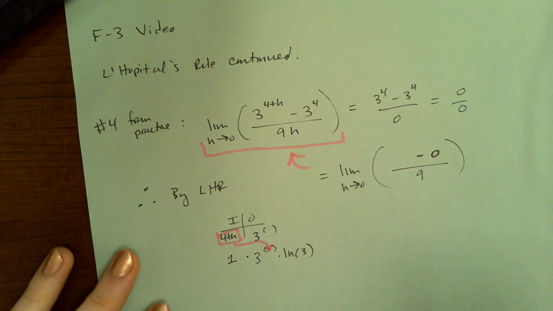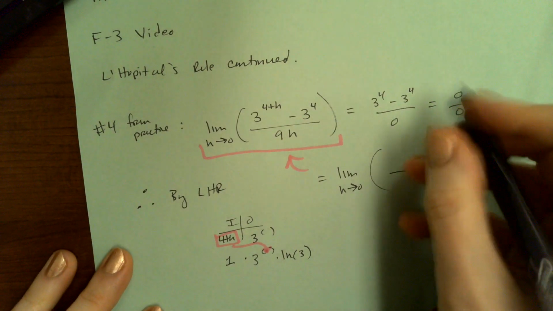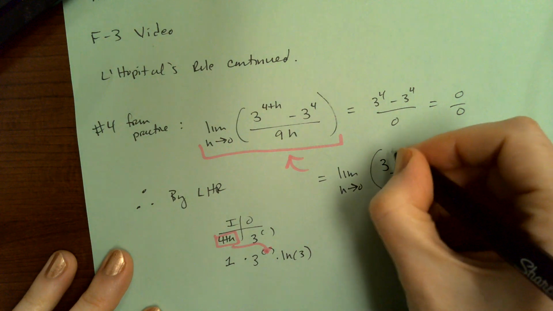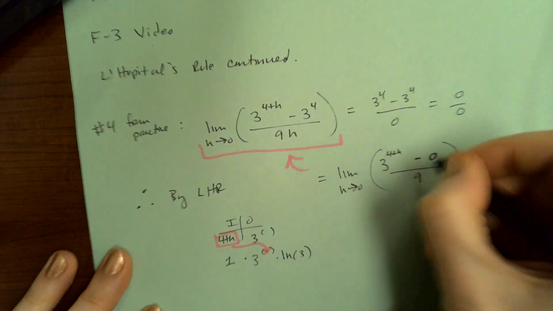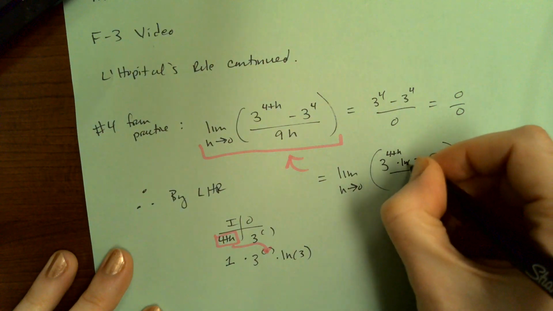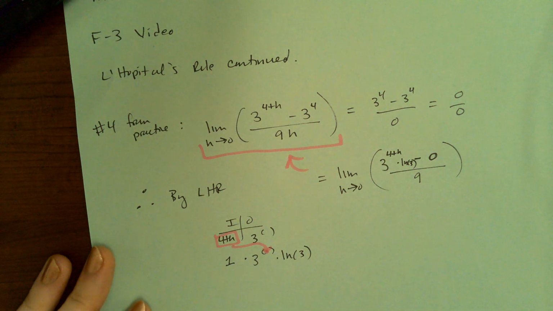So the derivative here is 3 to the 4 plus h times natural log of 3.